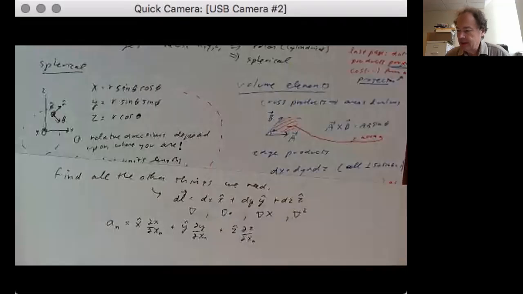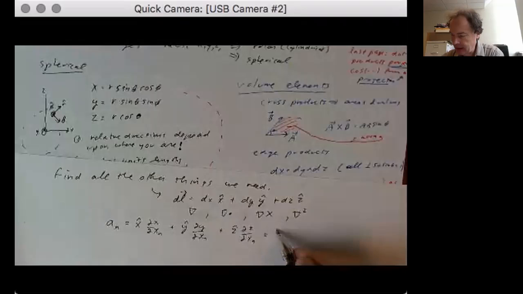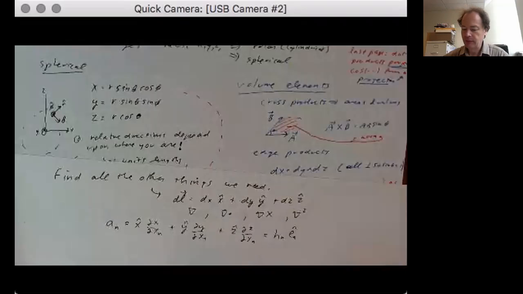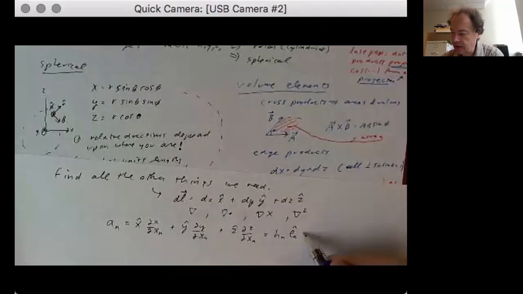And what this is going to turn out to be is h_n times e_n hat, which means it's in the direction of the unit vector e_n, but it's scaled.